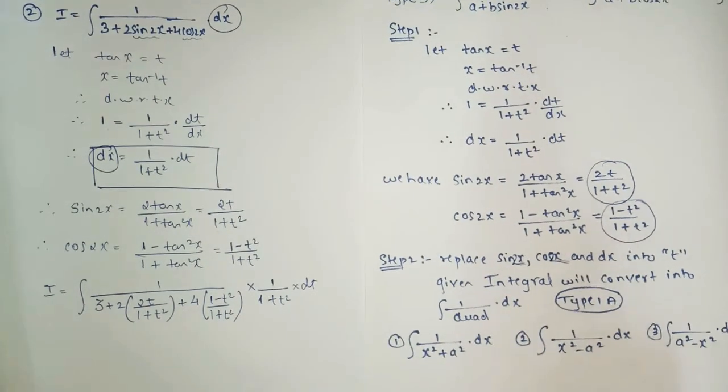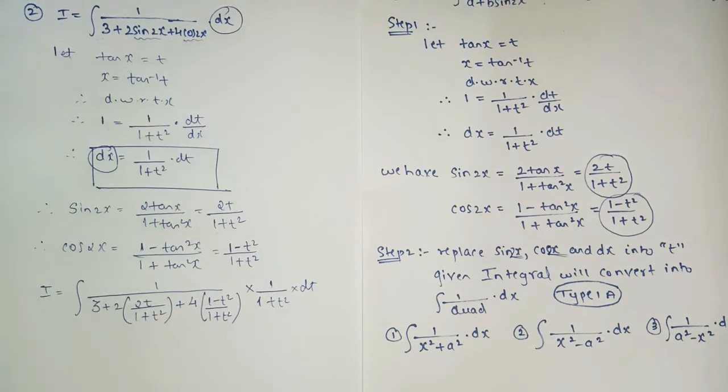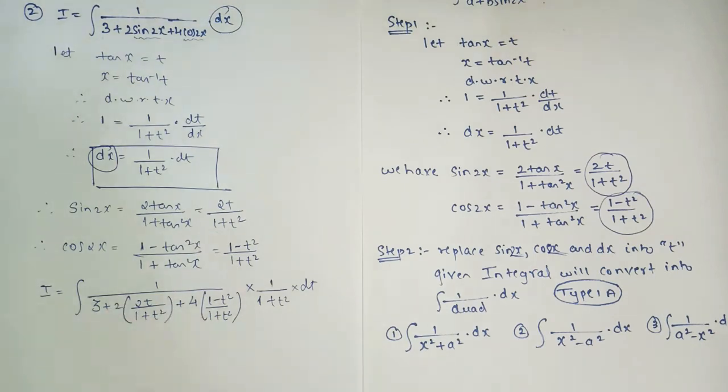Yes or no? So step number 2 was that we have to replace sin 2x, cos 2x and dx in terms of t, where this integral will get converted into 1 upon quadratic. The rest I hope you all know how to solve.